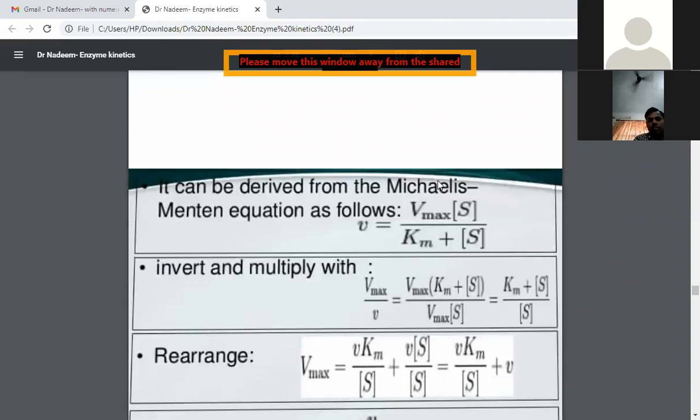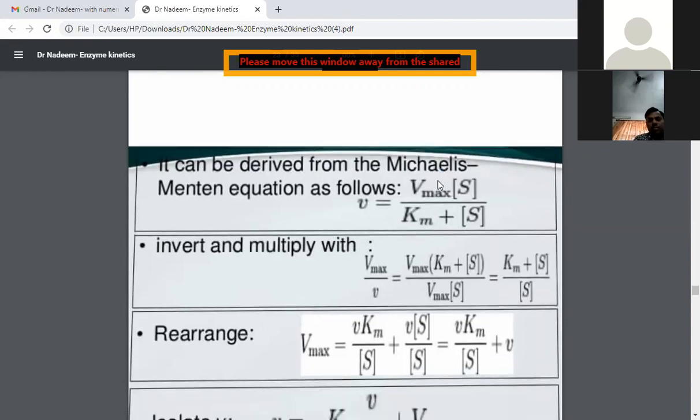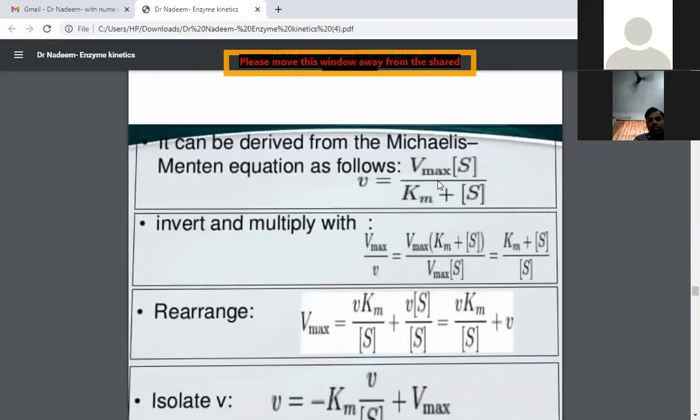The standard Michaelis-Menten equation is there, the first equation: V is equal to Vmax into S upon Km plus S. Convert and multiply: you have to divide it by Vmax and put the Michaelis-Menten expression for velocity as the denominator below the Vmax.